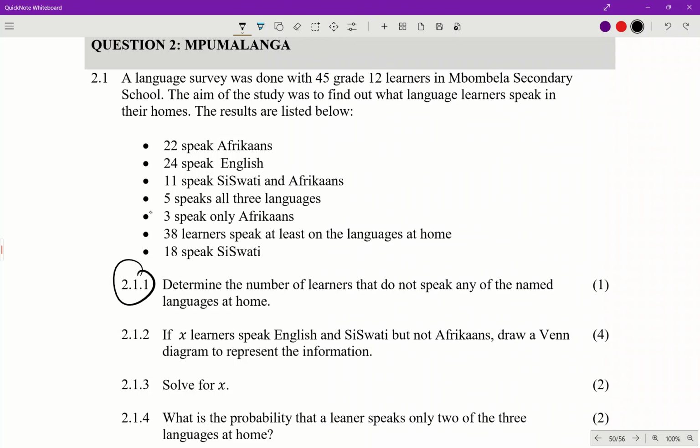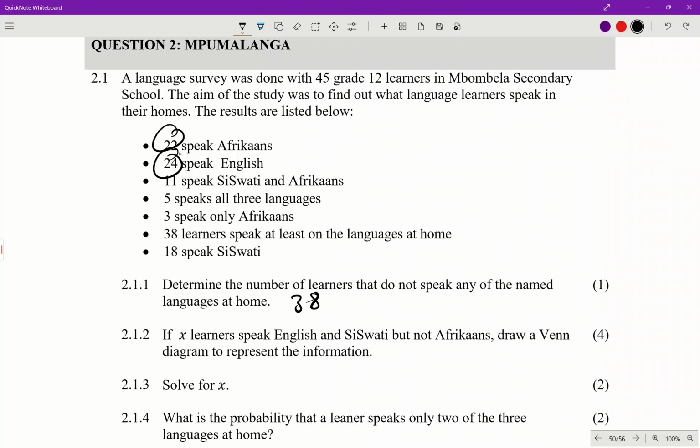They say in 2.1, determine the number of learners that do not speak any of the named languages at home. Guys, this is the tricky part. You're not going to say 88. Because remember, the total has to be 45 learners. And 22 speak Afrikaans, 24 speak English.